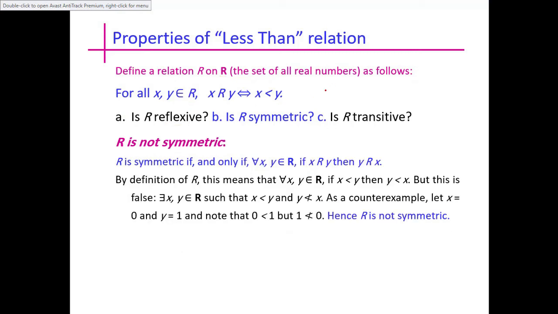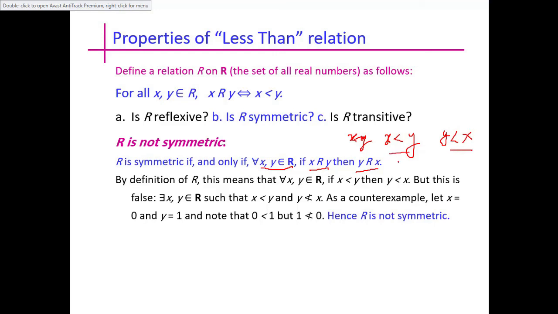And now we need to check it for symmetricness. So what is the definition of symmetric? R is symmetric if and only if for every pair x, y belonging to R, if x is related to y, then y is related to x. So it says that if x is less than y, then y is less than x.